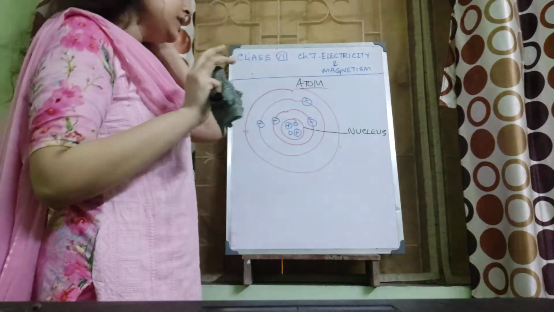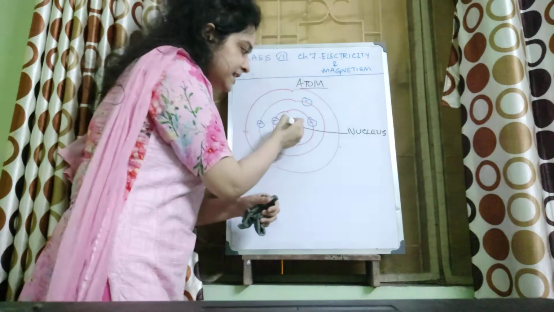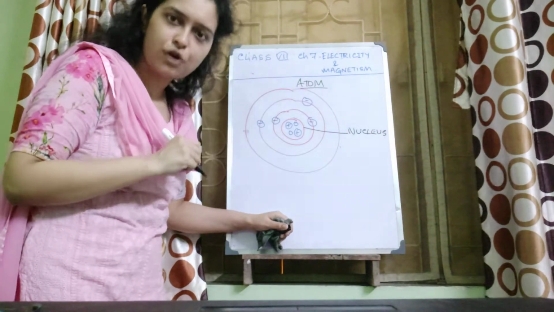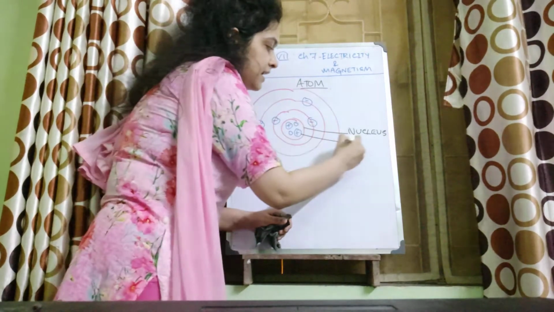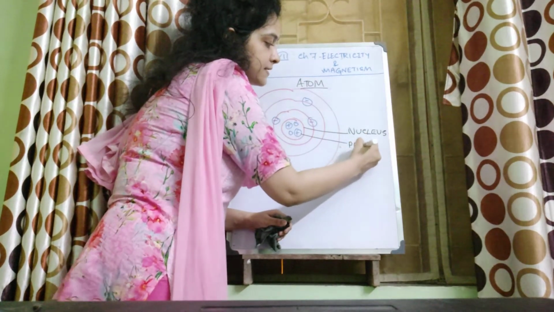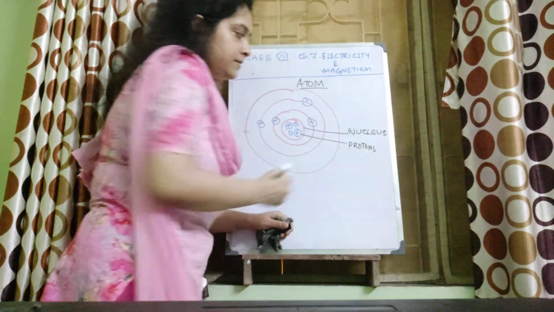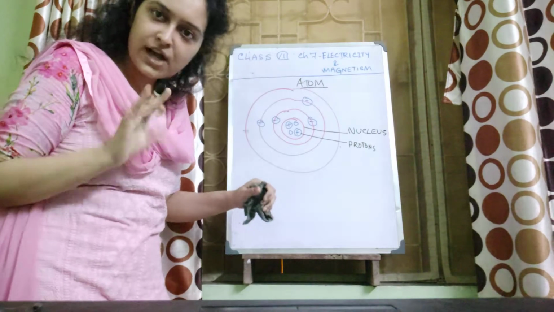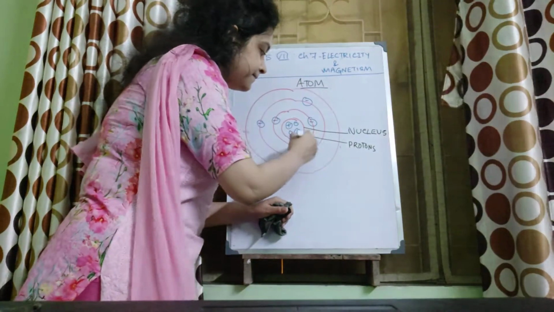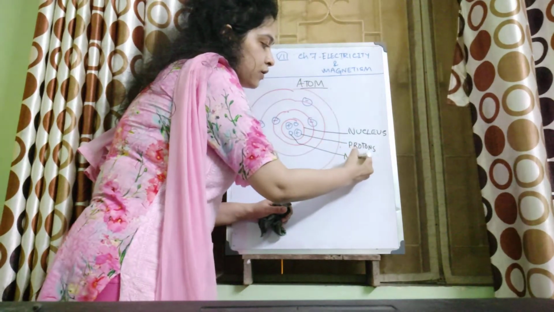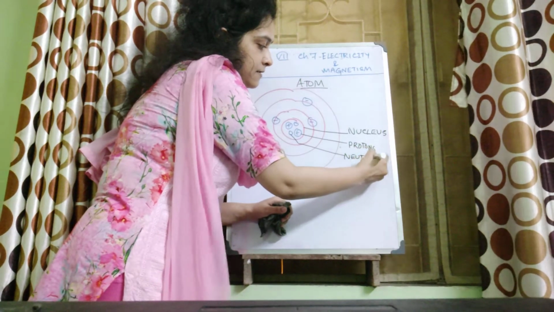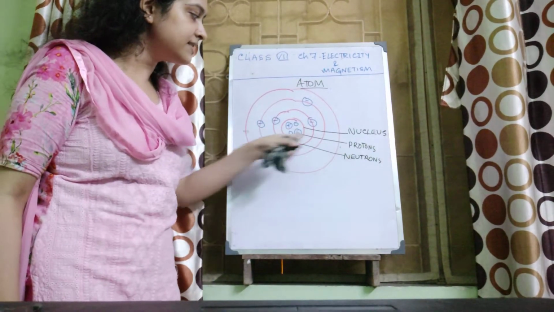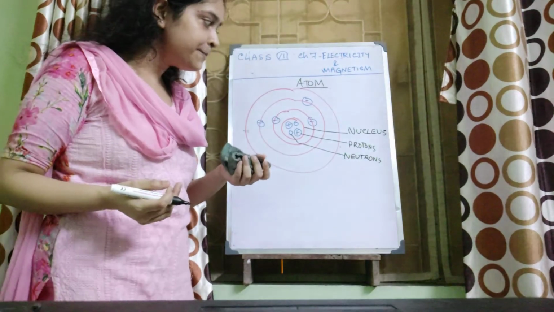Right? Okay. So, can you see plus sign particles written? I have drawn. These are the protons. Right? And no charge, carrying no charge, those are the neutrons. Protons carry positive charge, neutrons carry no charge, right?